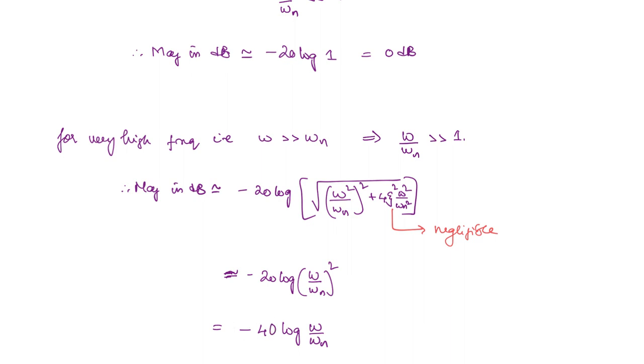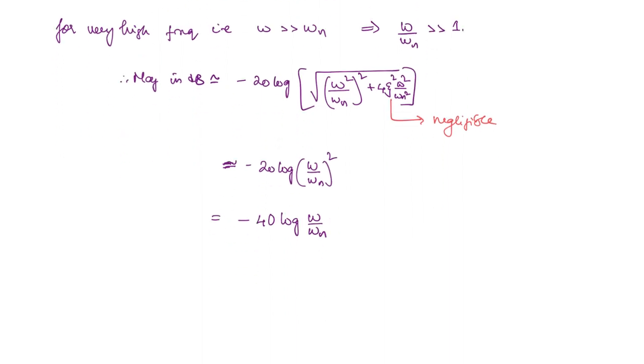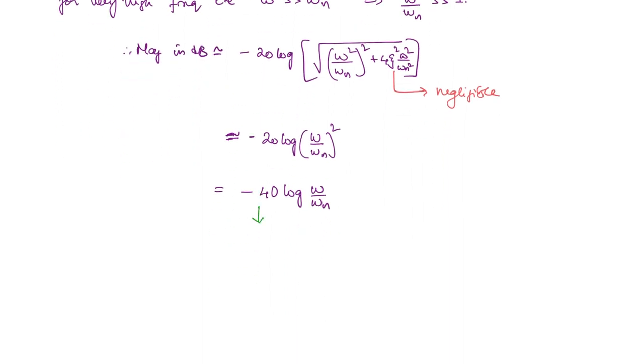For a simple pole it was minus 20 dB per decade, but for a quadratic pole you have got minus 40 dB per decade. So you are going to get a straight line with slope minus 40 dB per decade. This is the second asymptote.